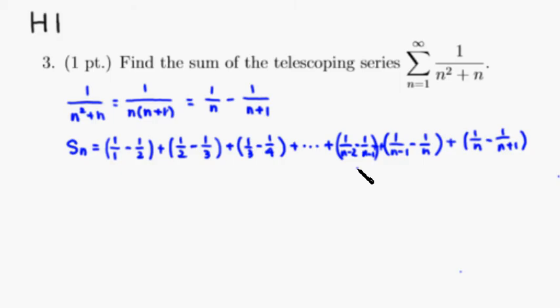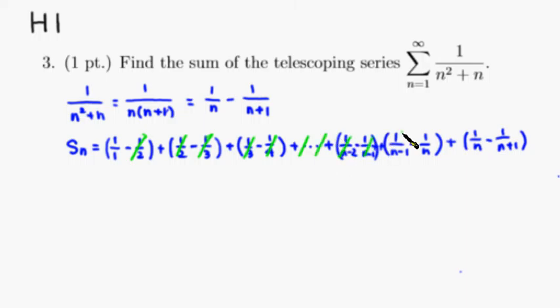So let's do the cancellation. You can see there's a negative 1/2 and a positive 1/2, and a negative 1/3 and a positive 1/3, so the two adjacent ones cancel out. Negative 1/4, the next one would be positive 1/4. And negative 1 over n minus 2 is one before.